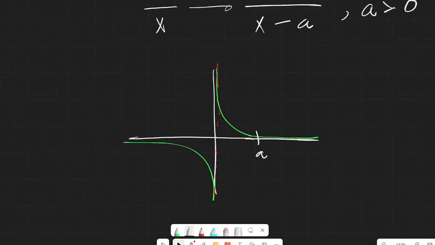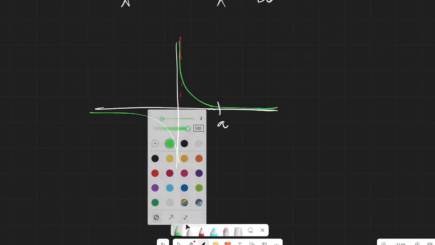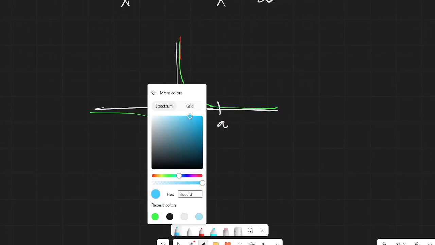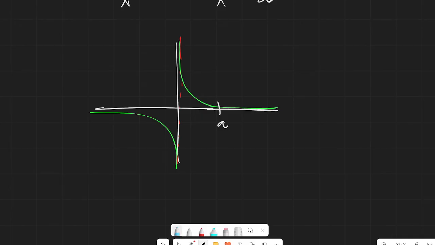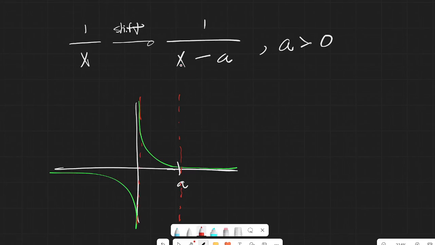So what happens when we do this shift is we just move over the asymptote, the value for which x cannot be. In this case, x can't be a because that results in 1 over 0, and we can't have that.